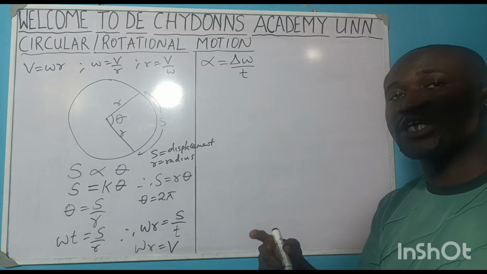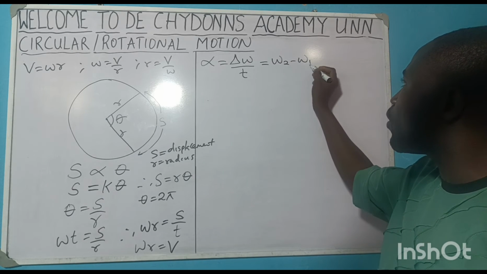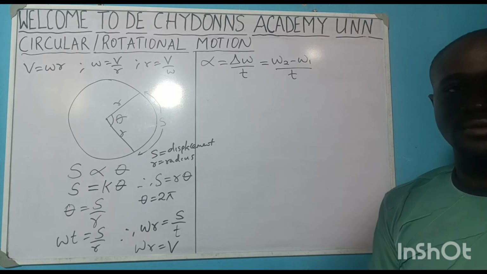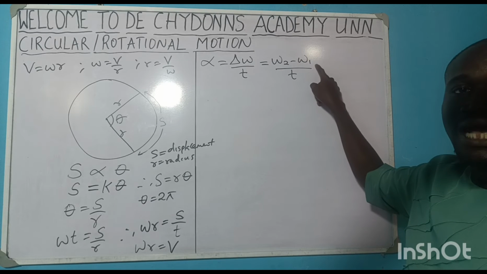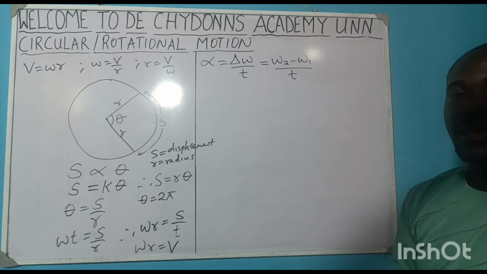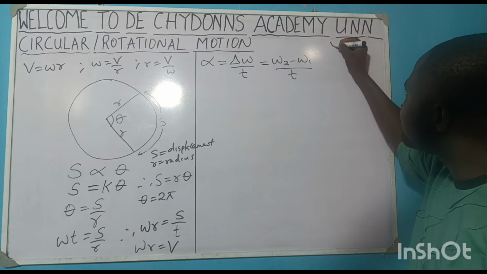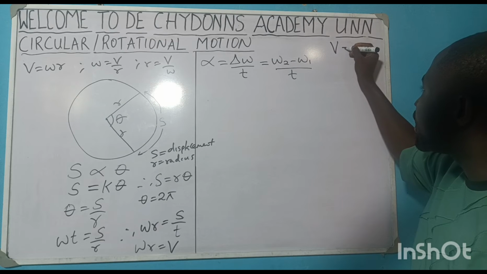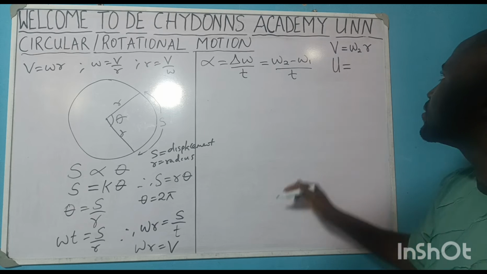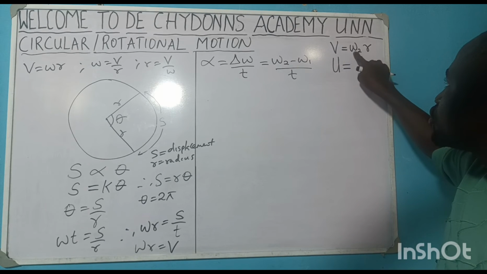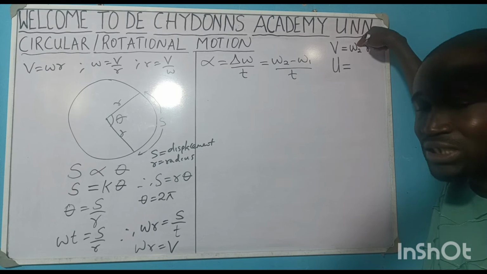That is the rate of change of angular velocity, equal to W2 minus W1 all over T. Now, W2 is the final angular velocity, W1 is the initial angular velocity, and this is time. What is the formula for final linear velocity? Final angular velocity times r. Final linear velocity equals W2r, because this is final angular velocity times radius.